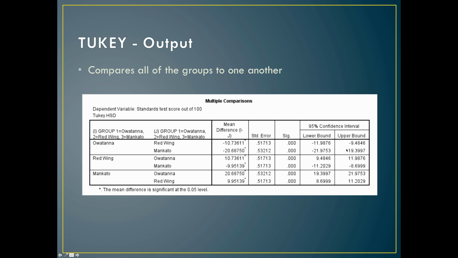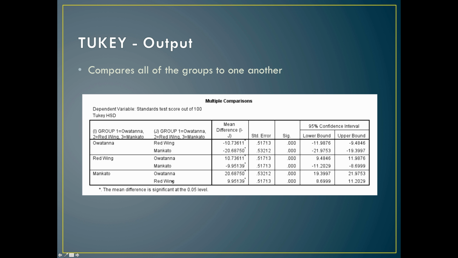Finally, the last output that we're going to be getting is the multiple comparisons for the Tukey test that we ran, the post hoc test. And this is exactly how, as I told you, it runs a bunch of little t-tests. So it will be comparing Owatonna with Red Wing, Owatonna with Mankato, Red Wing with Owatonna, Red Wing with Mankato, and so on and so forth.